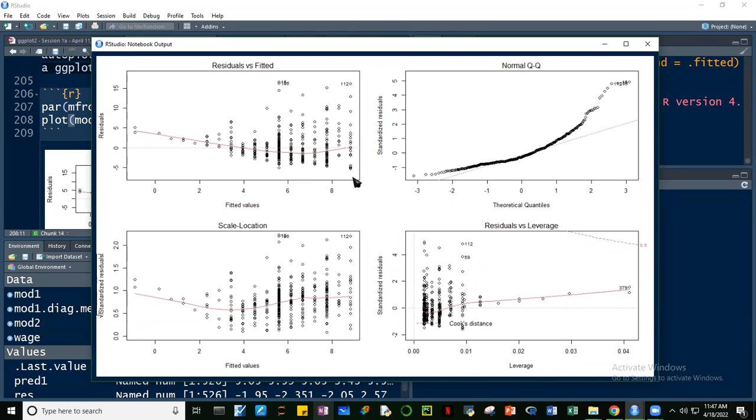Ang lalaki ng variance. So you have here a case where the variance is not constant. In fact, nagpa-fan out siya, no? Lumalaki siya over time. So this is indicative that our residuals are heteroscedastic. And if the residuals are heteroscedastic, then it violates the assumptions of classical linear regression model.